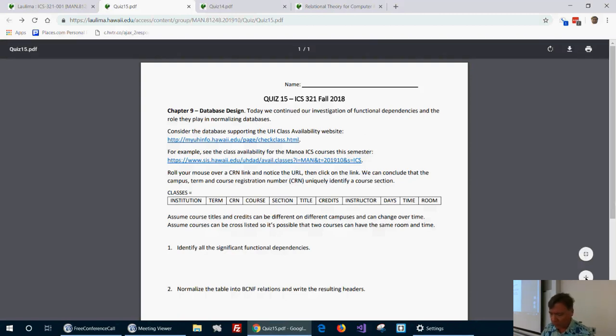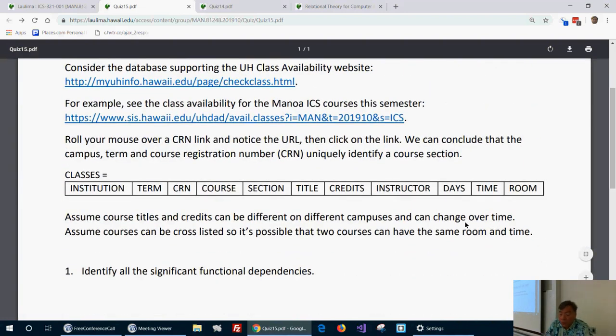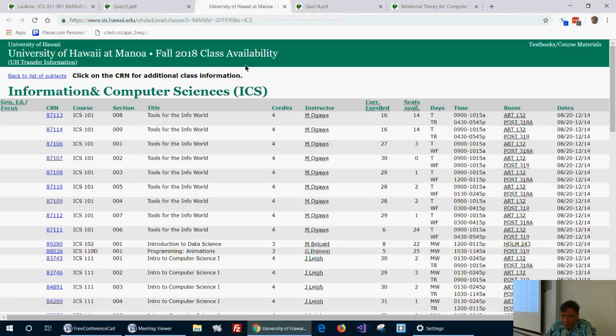All right, so for this problem, I'd like you to look at something that looks more like this, where we have, let me come over to this tab, where we have the institution. No, we don't.